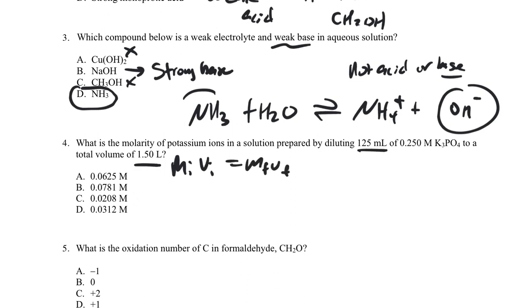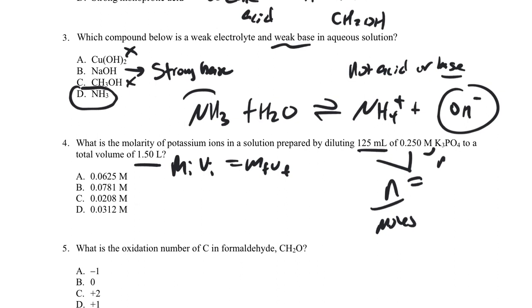Well, what if we forget that equation? What might we do? I might just ask, what's the number of moles? n is the symbol for moles. So the number of moles here would be equal to 0.125 liters, converting 125 mL to liters, times 0.250.